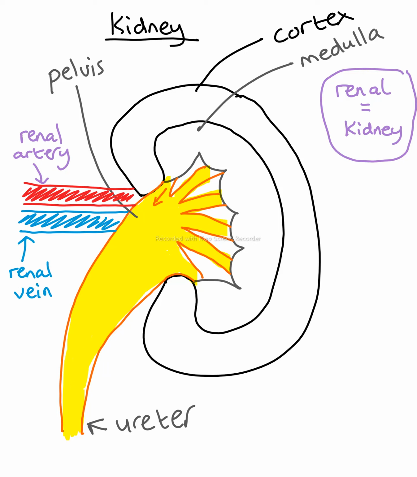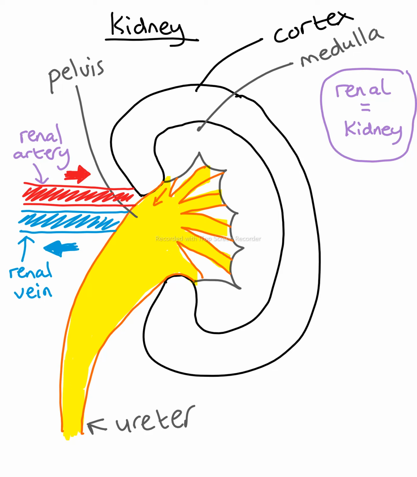So it's taking blood away from the organ towards the heart, and an artery is taking blood away from the heart towards the organ.